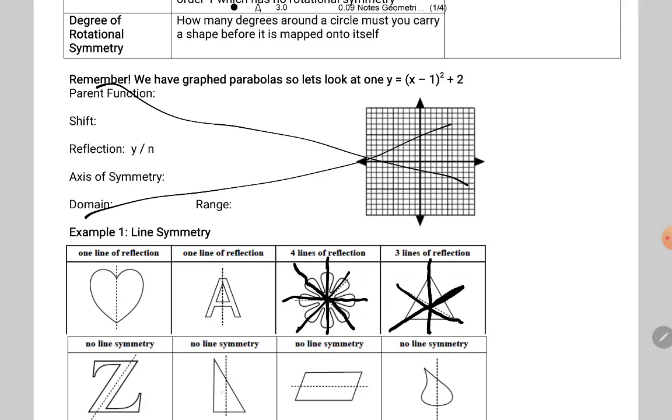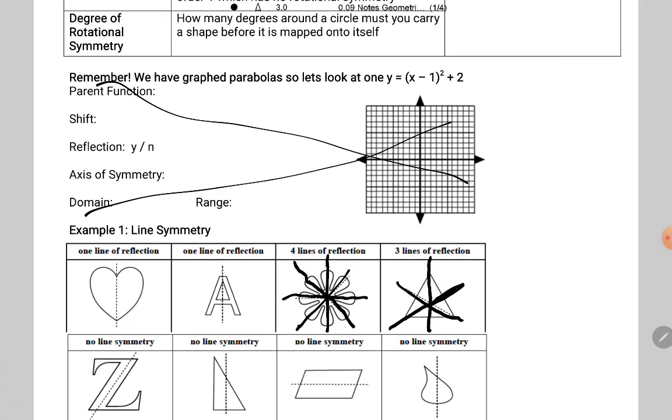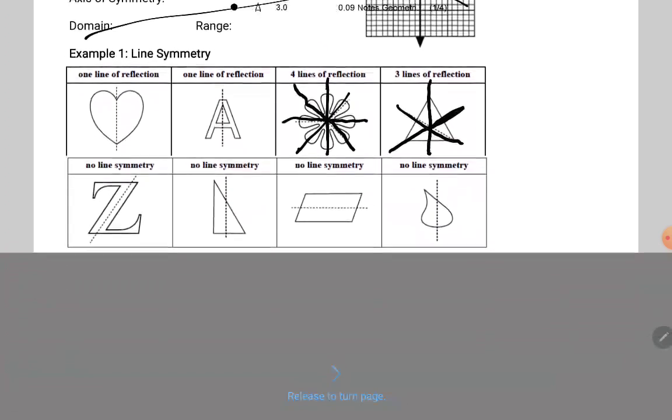No matter how you cut it, the left does not look like the right. Same thing here. It kind of looks like it, but it's not. And then a water drop. No lines of symmetry.